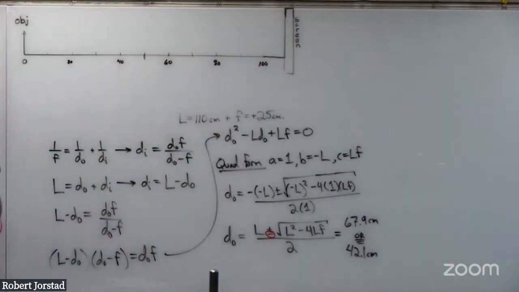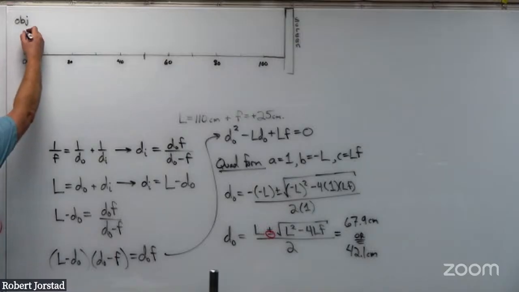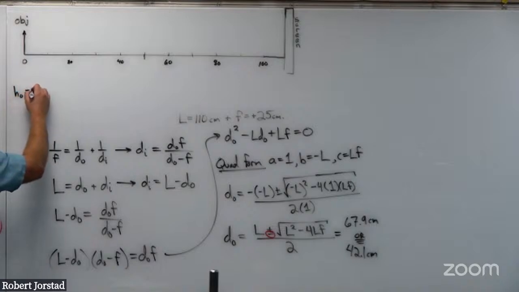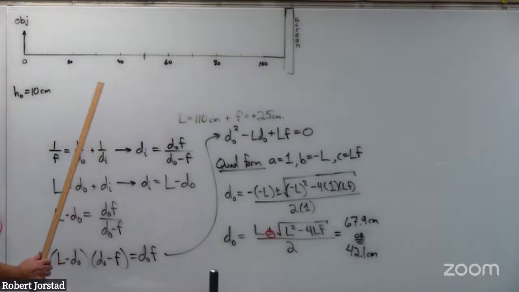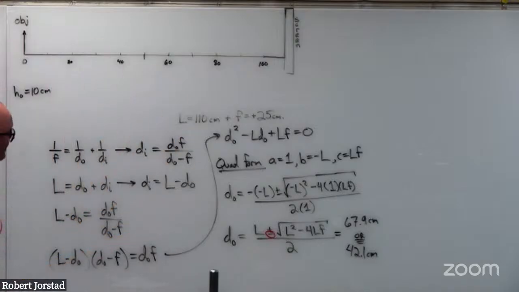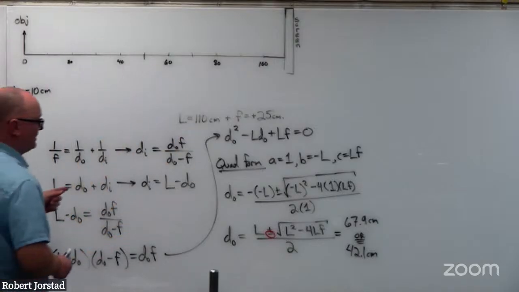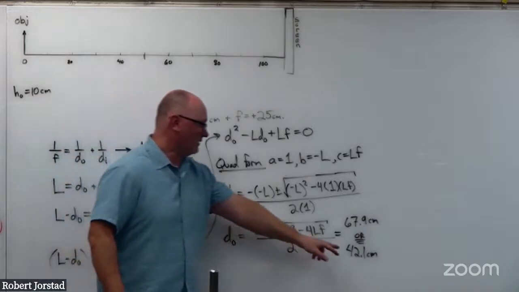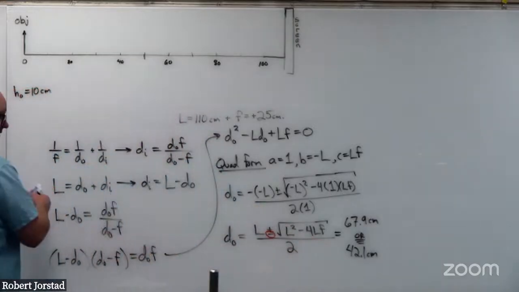All right, our object is 10 centimeters tall. There's 10 centimeters. Yep, looks good. All right, and we're saying put the lens 42 centimeters away.